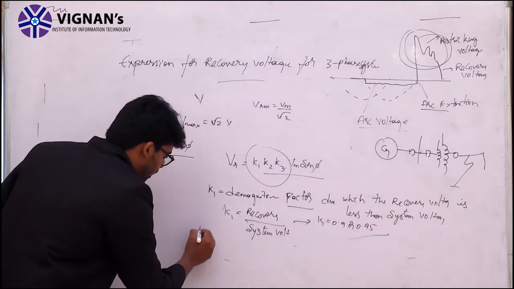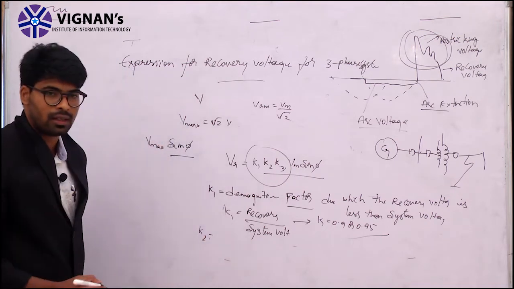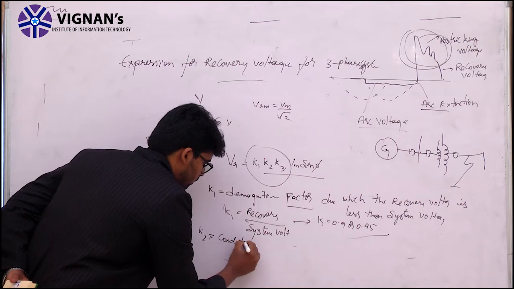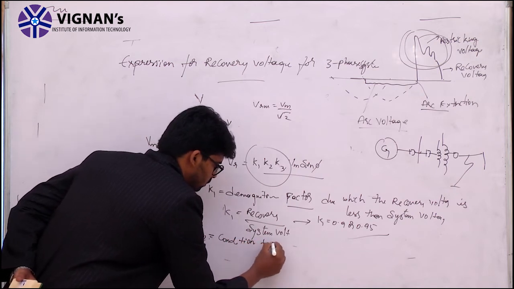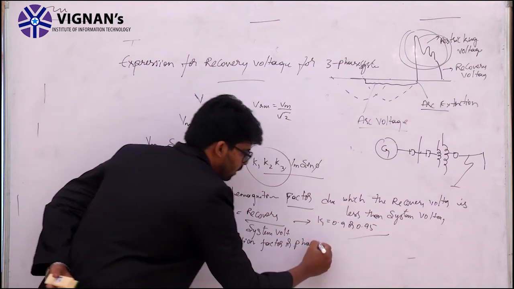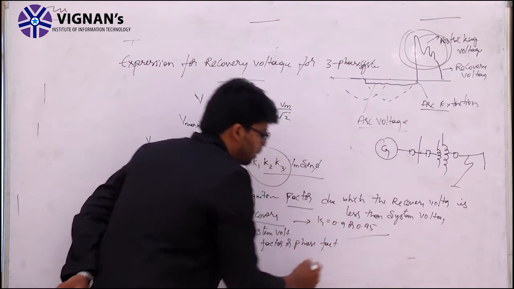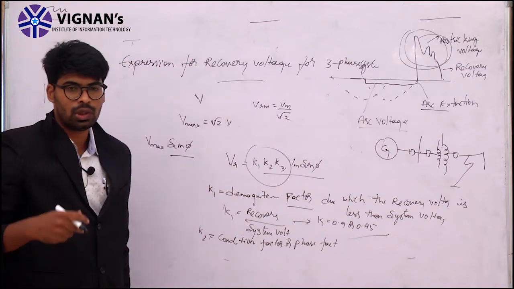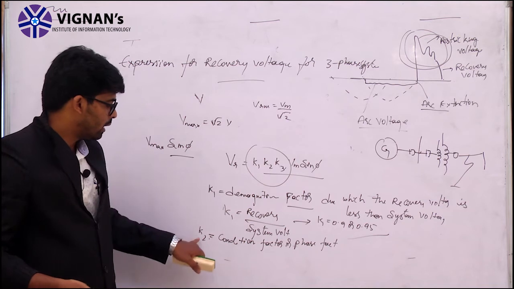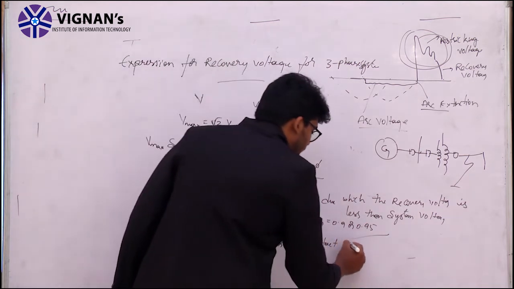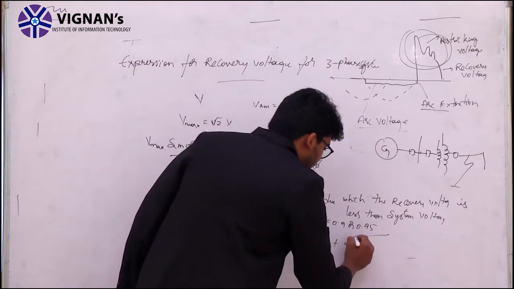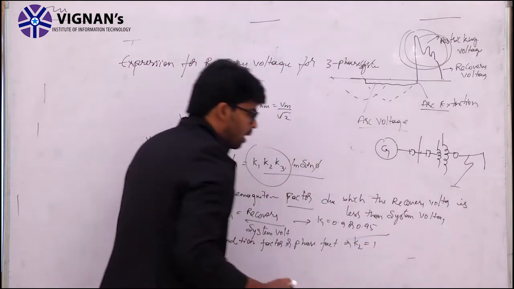And then K2 is called the condition factor or phase factor. If the fault occurs, when finding the recovery voltage, if the fault is not grounded, we take K2 equal to 1.